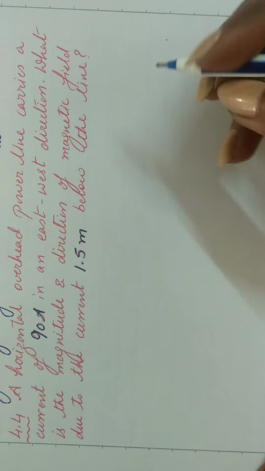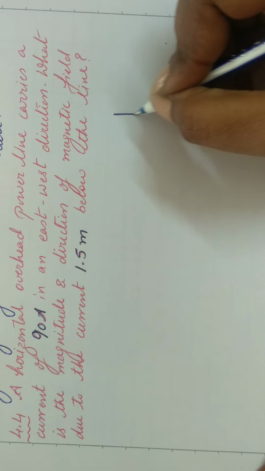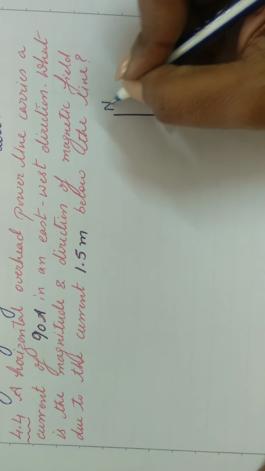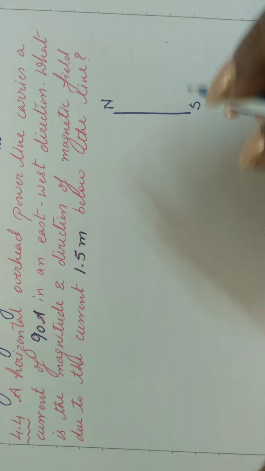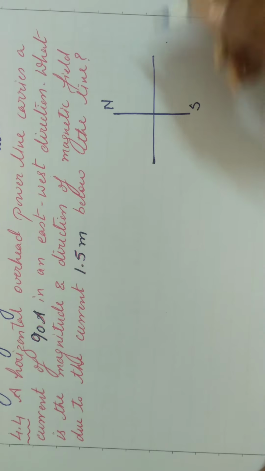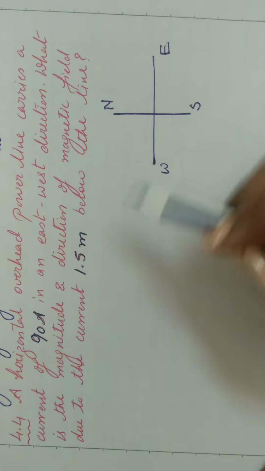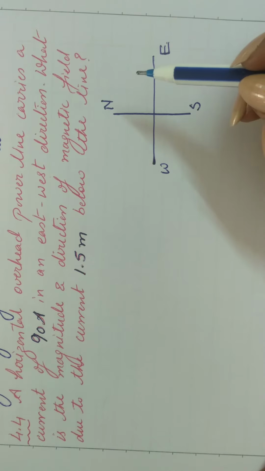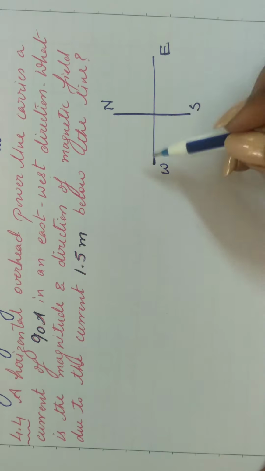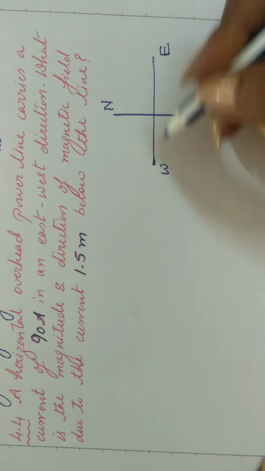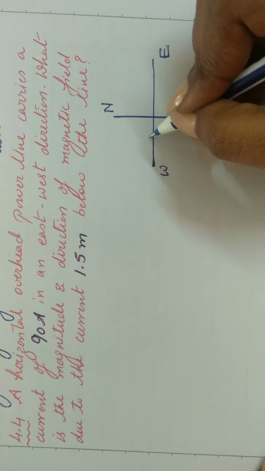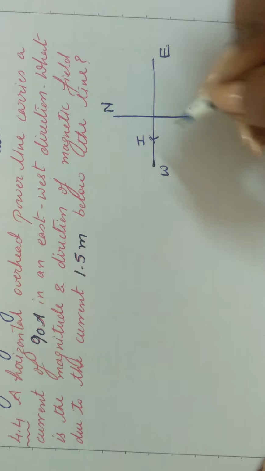So if I draw the directions, then this is suppose north direction, this is suppose south, this is east, and this is west. Now here in our question the wire is aligned along east-west direction and current is also flowing from east to west. So I can say this is the direction of current.